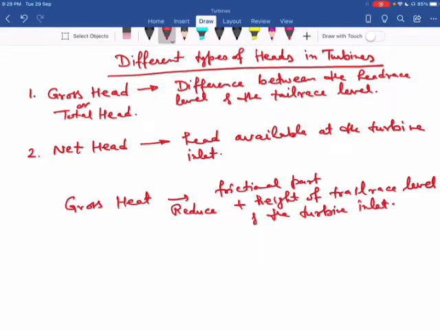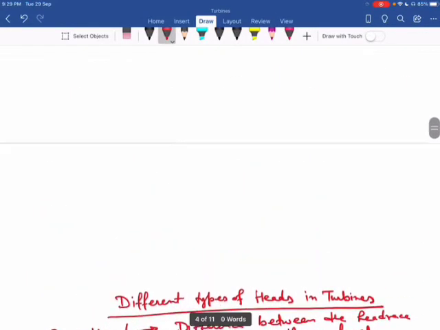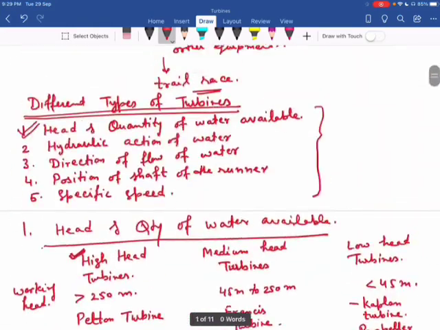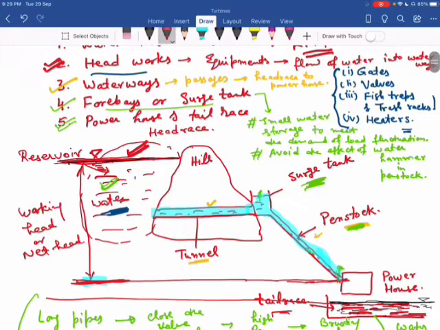Now the other names for net head are effective head. Okay, this is also called the available head. Okay, now if you see the diagram of hydropower plant over here, this height, this yellow height, this is the total or gross head.